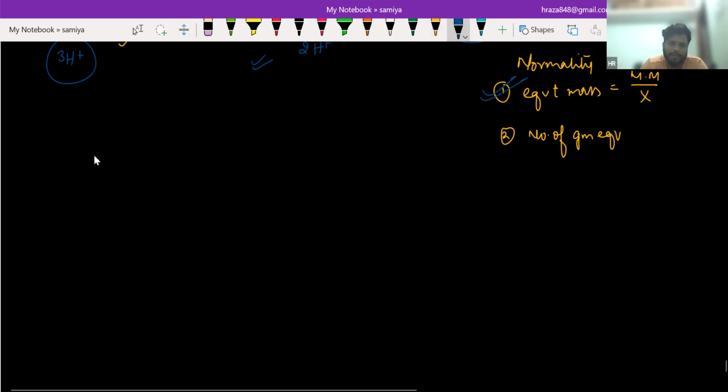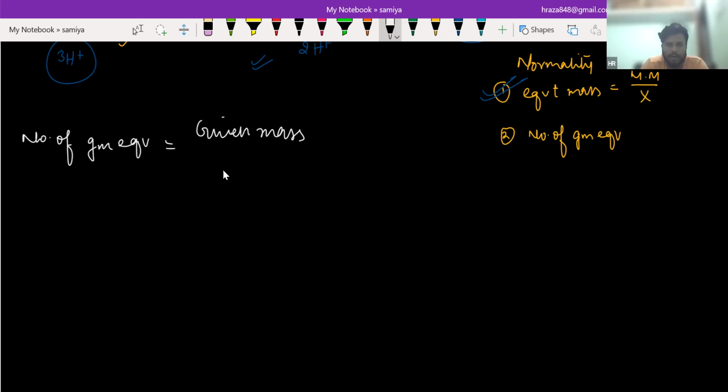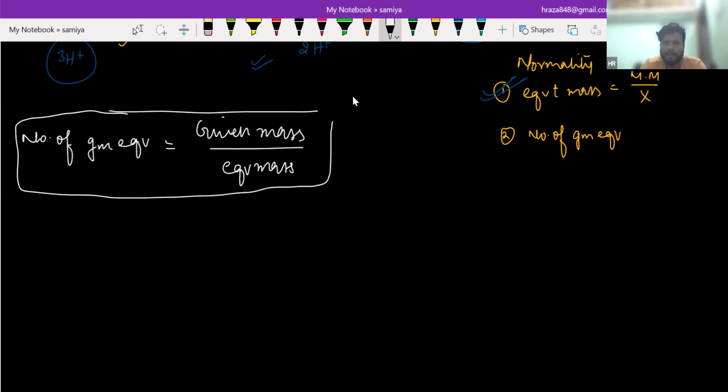Now we are going to study the number of gram equivalents, and it has a formula: given mass upon equivalent mass. The given mass will be given in the question, and equivalent mass you can easily calculate. So I have given you the formula, and now I'm going to give you a question. Just apply the formula. You know how to calculate equivalent mass, and you will get your answer.